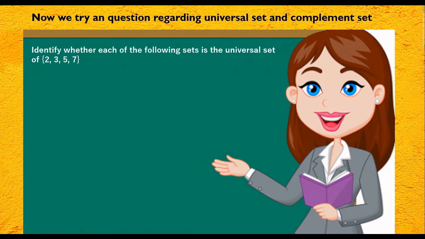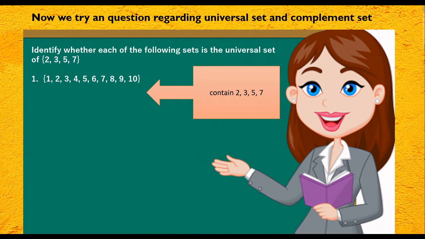So now let's try a question regarding your universal set and also the complement set. Please identify which of the following sets is the universal set of 2, 3, 5, 7. Which means in this question we're asking, the 2, 3, 5, 7 came from what universal set? Okay, so we look at option 1. The universal set given is 1, 2, 3, 4, 5, 6, 7, 8, 9, and 10.